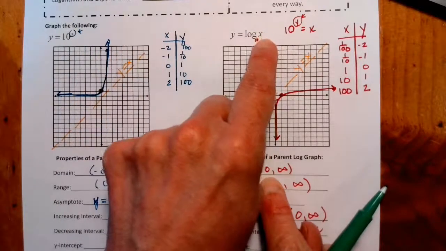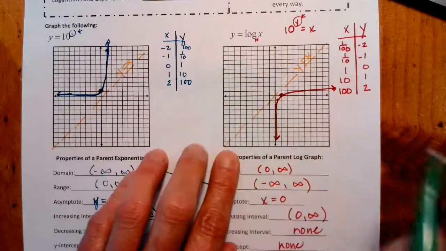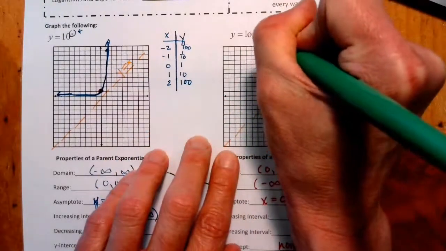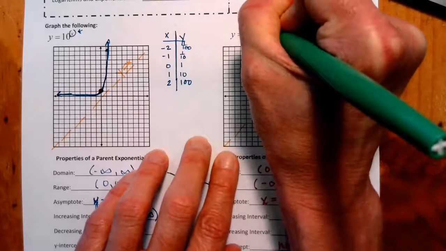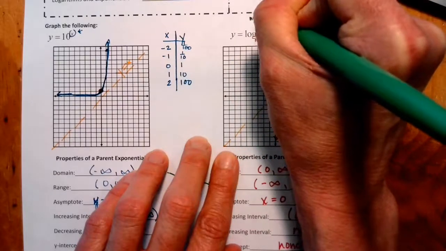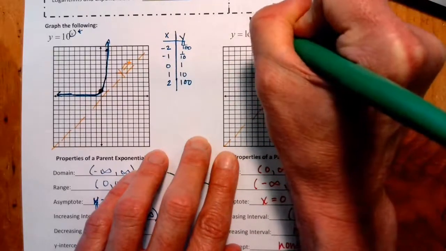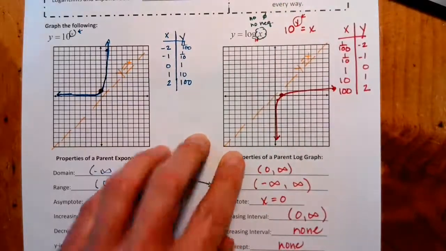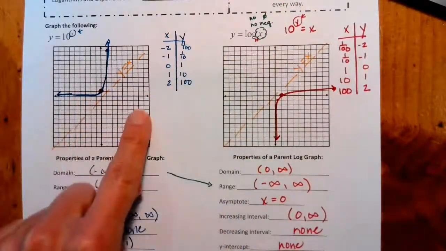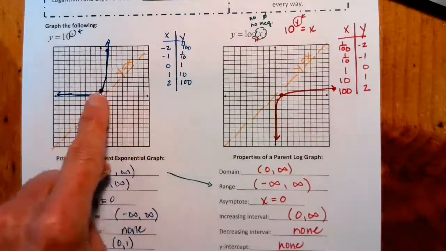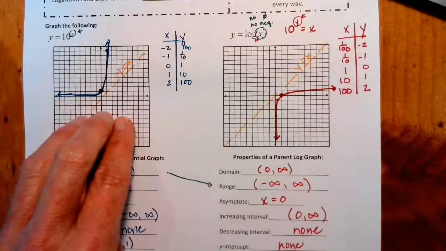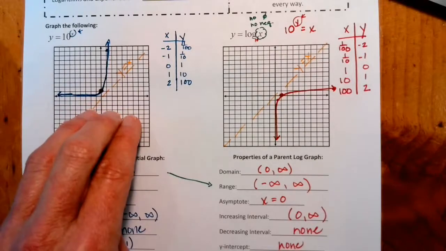So this is a big idea about what this value here can and cannot be. We can't have it equal to 0, and we can't have it equal to a negative value, because that doesn't ever happen in an exponential function. I don't get an output that's negative, and I don't get an output of 0.